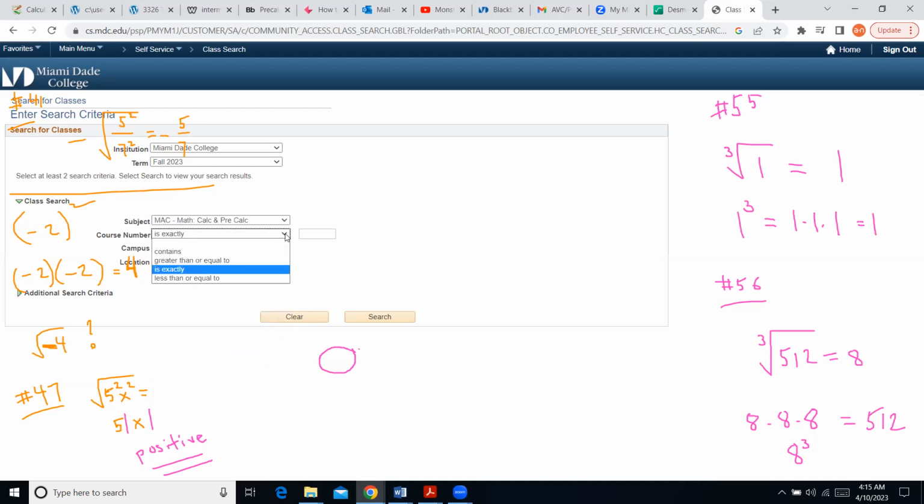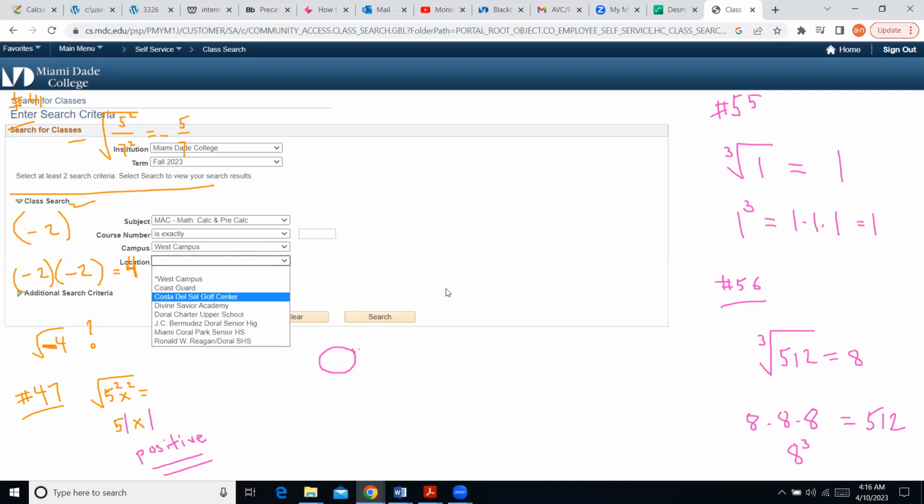So you select which class it is, course, location. So is exactly campus. I'm kind of surprised we don't have, maybe I'll just try our campus, West Campus. And then I click search, because if you go for location, it's kind of the same thing. So I'll select search.